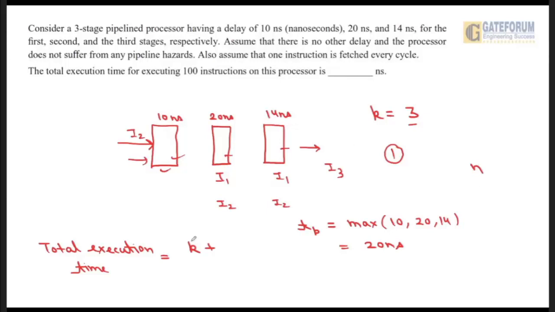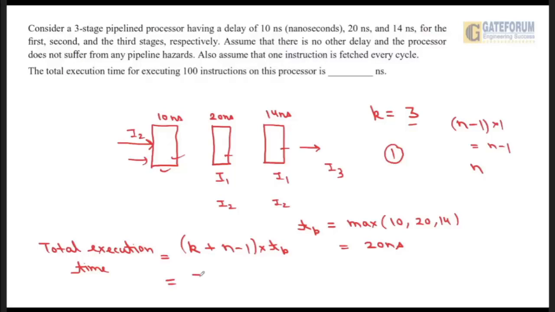The first instruction takes k cycles and the remaining n minus 1 instructions will take just one cycle each. So these are the total number of cycles required if there is a k-stage pipeline and n instructions, and each cycle time is TP. So this is the formula that we will use.